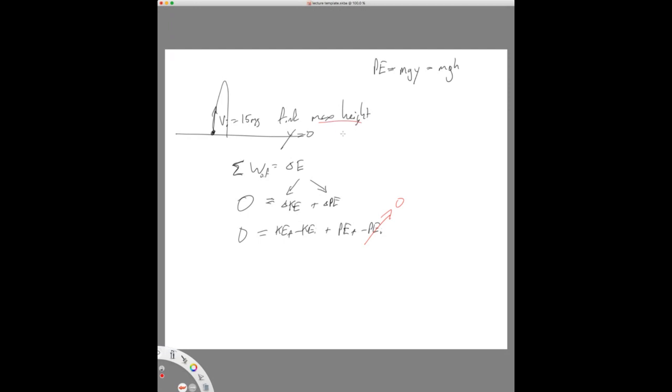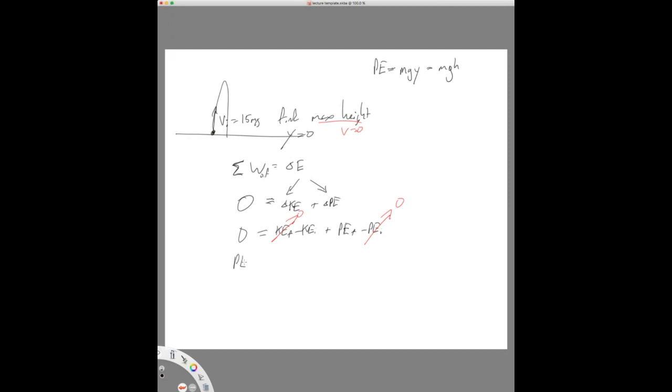Additionally, we remember that max height means the velocity equals 0, at least for one-dimensional motion, if it's straight up and straight down. So we would say there's no final kinetic energy because it stops momentarily at the top. That's going to require you to remember some stuff from chapter 2.